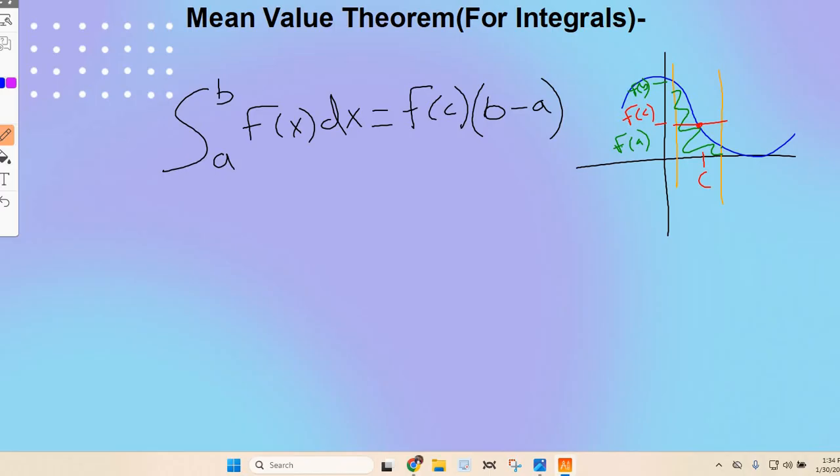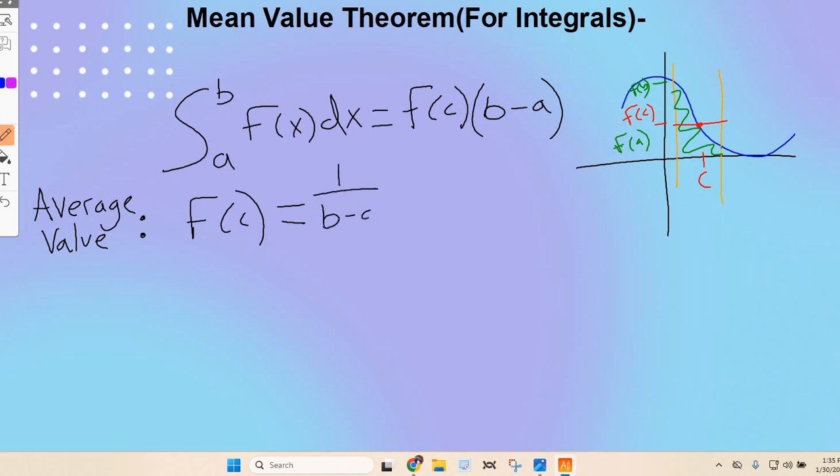What this also can give us is, if we solve for this f of C, this f of C is what we can then label the average value of our integral. So notice that if I wanted to solve for f of C, I would divide by b minus a. So we're just going to write it as a fraction.